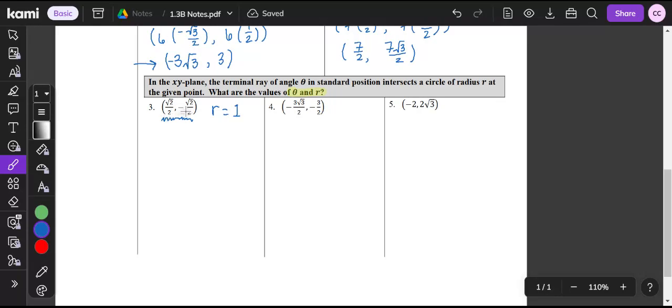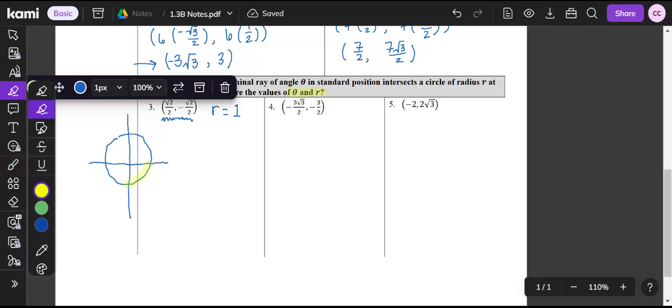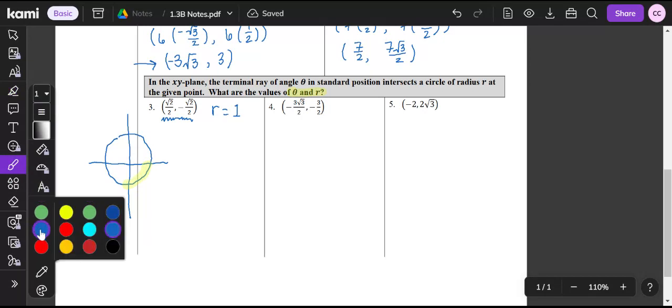So I know that the y-coordinate is negative, but the x-coordinate is positive. That means, if I picture my unit circle, I must be somewhere in quadrant 4, right? These are all going to be negative y-coordinates and positive x-coordinates. Okay, and then the last thing I'll remember is that the coordinates are the same, which means I'm at one of those 45-degree locations.